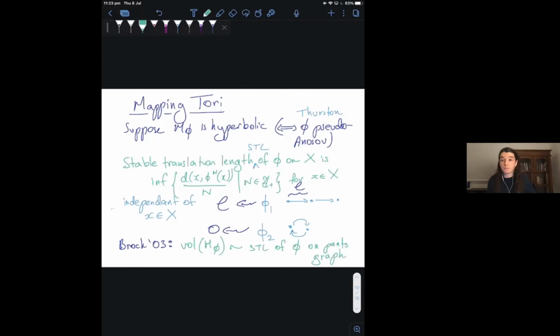So here this is very much relating the geometry of the manifold to the dynamics of our map.